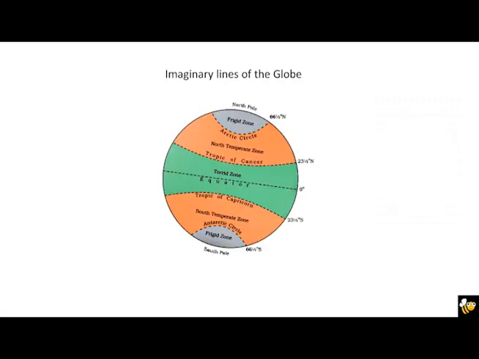Okay. Here we have the different imaginary lines of the globe. In this picture we have detailed information regarding all the imaginary lines and zones also. And it is also showing the different degrees at which we have these imaginary lines.